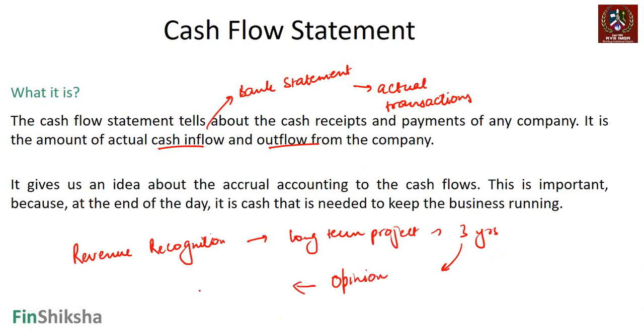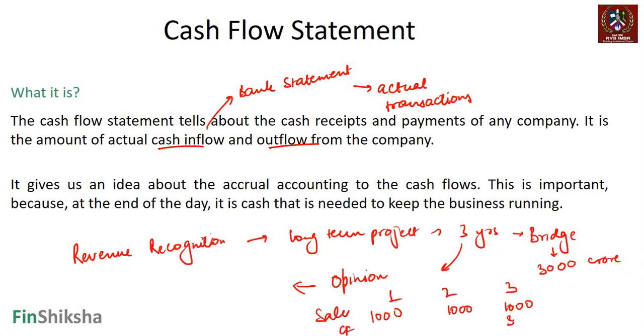So let's say there is a 3-year project for building a bridge worth 3000 crore. Now, it's quite possible that in year 1, 2, and 3, you're booking 1000, 1000, and 1000 of sales, but your cash flow is just 3000 at the end of the third year, right? It is quite possible that this scenario is happening.